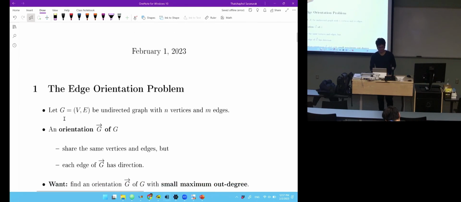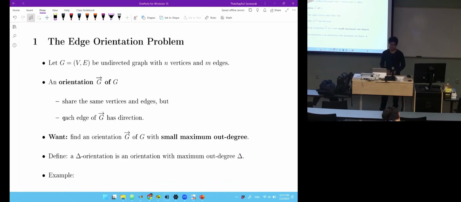The problem that we're going to look at is the edge orientation problem. In this problem, you have an undirected graph with n vertices and n edges. An orientation of G is just the same graph, but you assign a direction to each edge. Our goal is to find an orientation such that the maximum out degree is small.